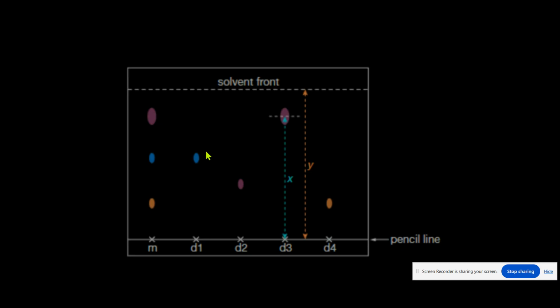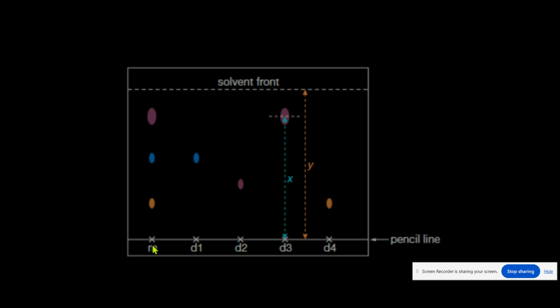D1 is how the blue dye travels, D2 the purple dye, D3 purple dye number 2, and D4 how the orange dye travels. These are the reference points, and M is a food ink that we're going to experiment with.